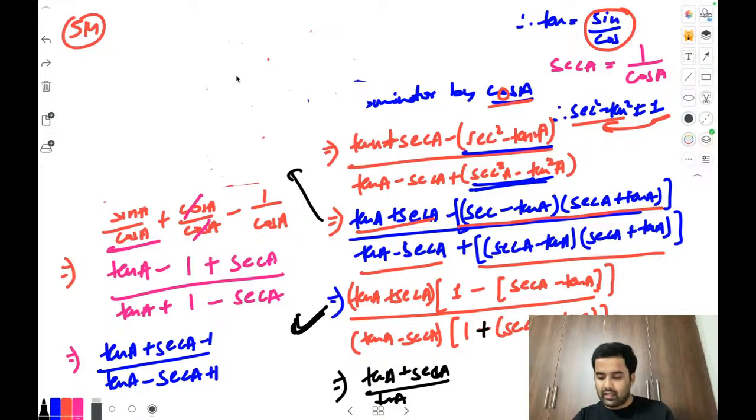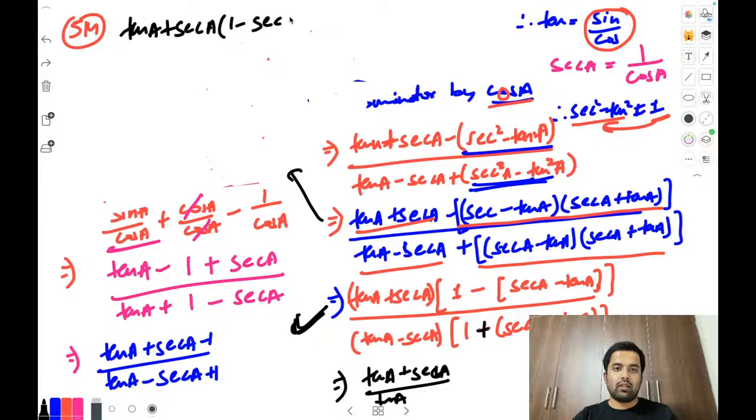Here, after cancellation, we will be left this way. Tan A plus sec A. Bracket started. We have value 1 minus sec A plus tan A. It is the remaining part.